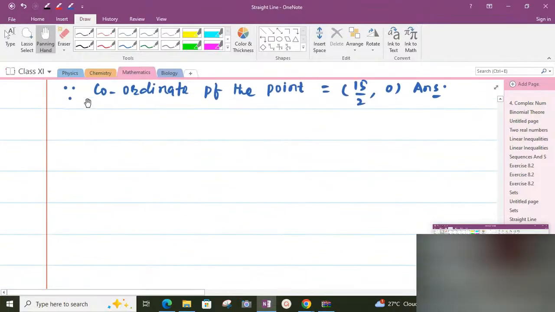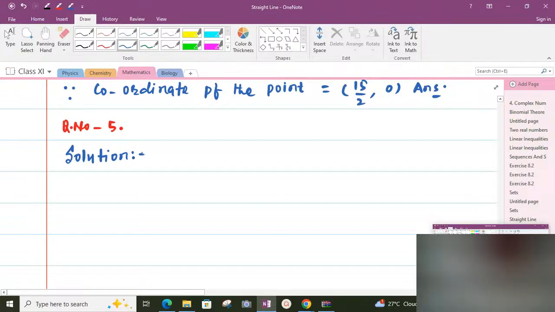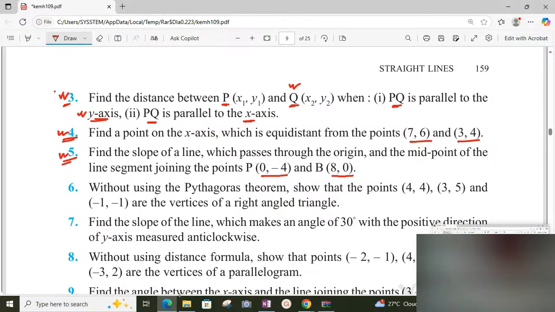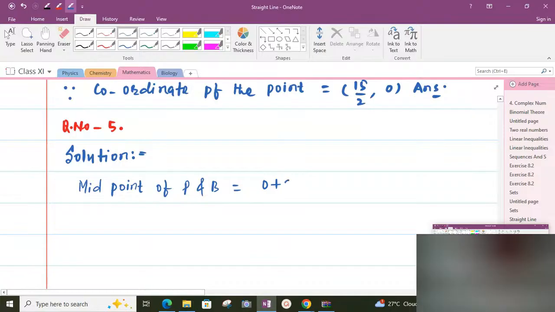This is question number 5. Let's see the solution of this question. Here will be the midpoint of P and B equal to (0 plus 8) by 2, and the y will be (-4 plus 0) by 2.